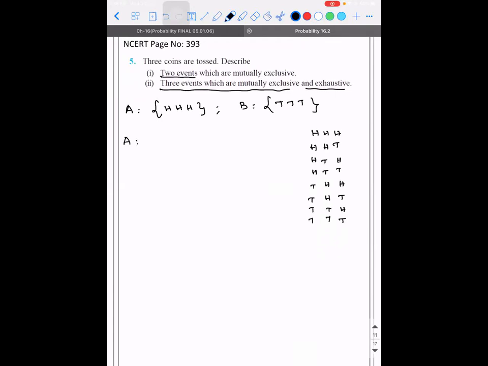Event A is getting all heads. Event B is getting at least 1 head. No, getting at most 2 heads.